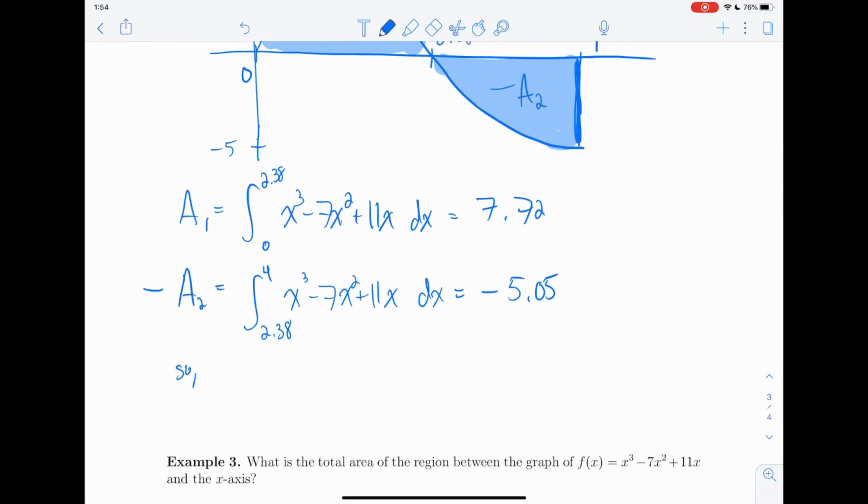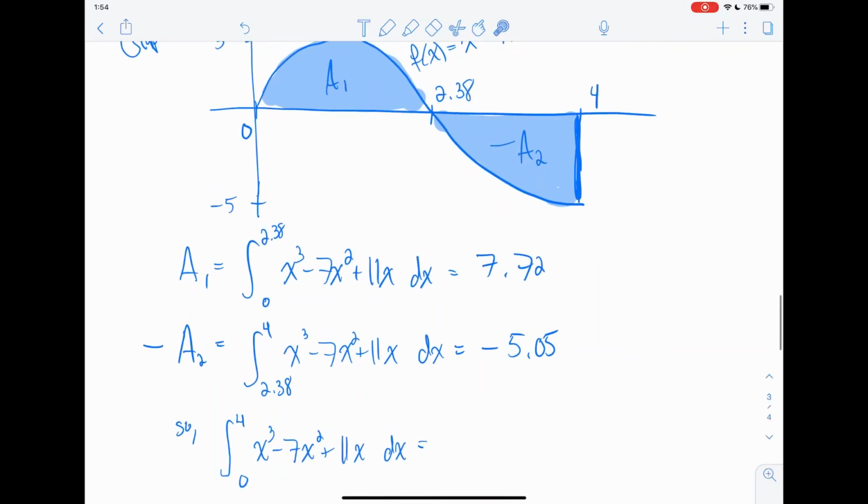So the conclusion is that the integral of this function x cubed minus 7x squared plus 11x from 0 to 4 dx is of course going to be the area of the first split minus the second split. Or I'm sorry, the area of the first split plus the area of the second split, but the second split is negative.